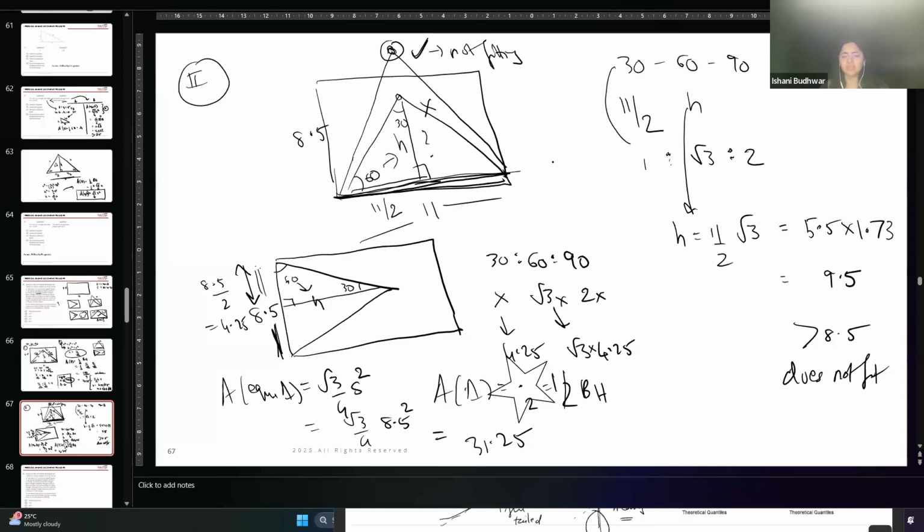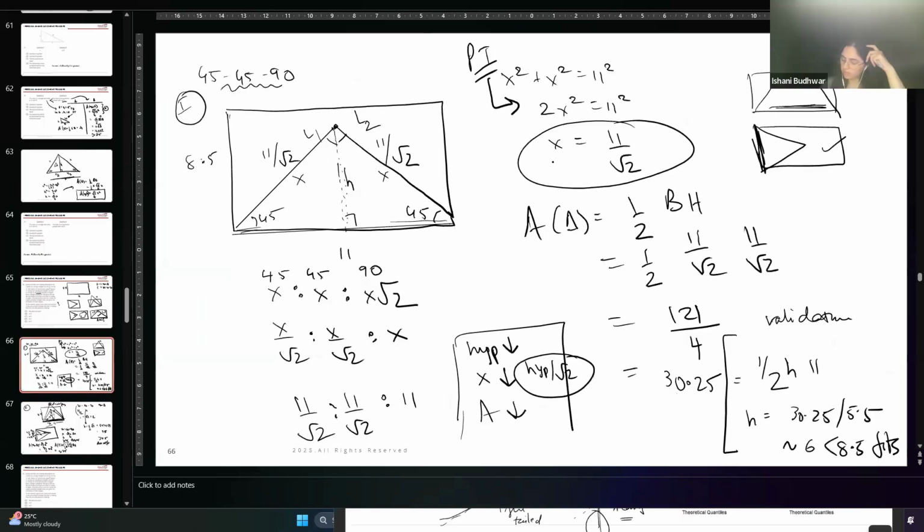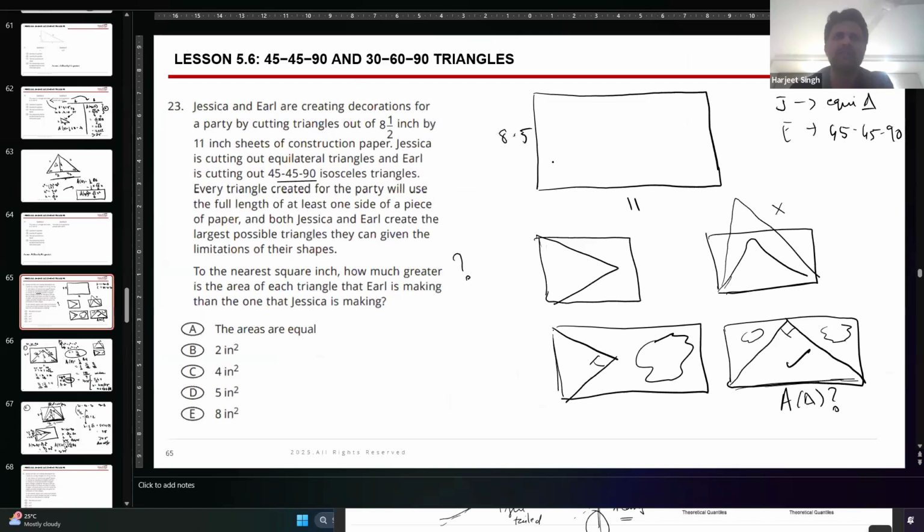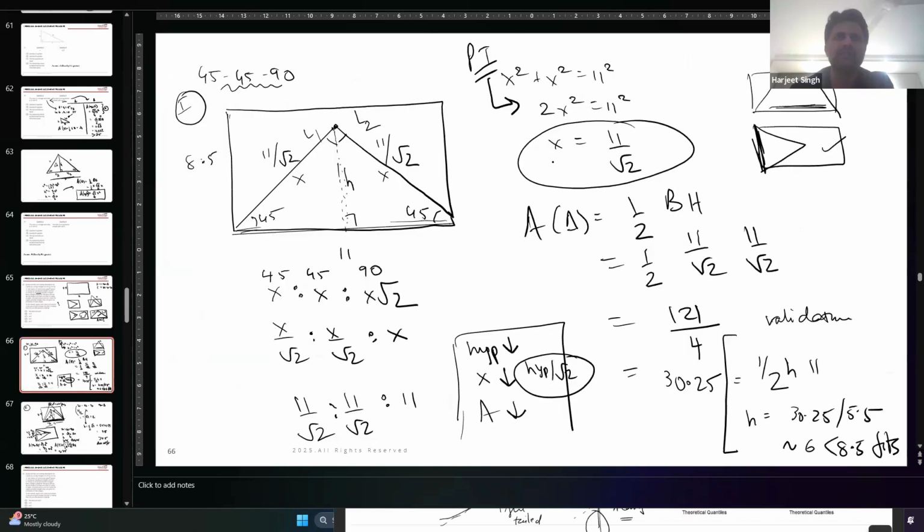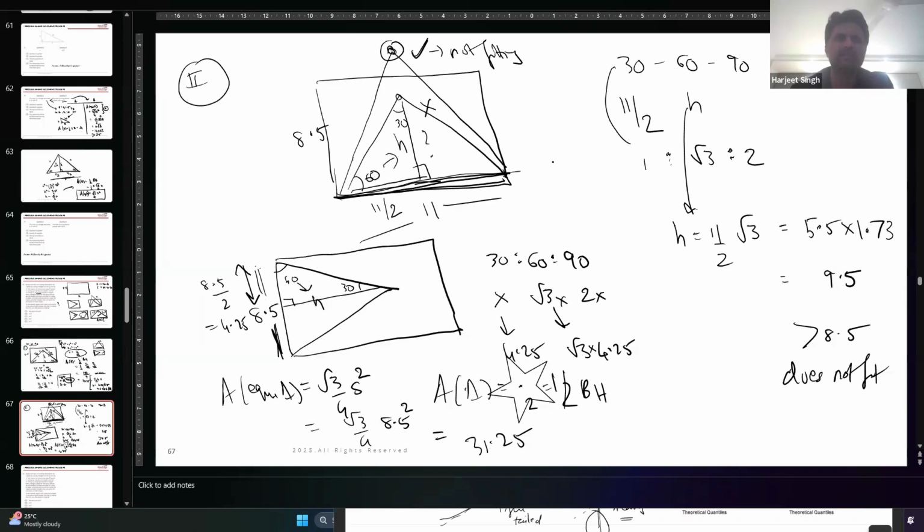Does that make a difference? Not much. It's fine. Second decimal is fine. So now we know which is greater. The equilateral triangle is greater. So that was the question.